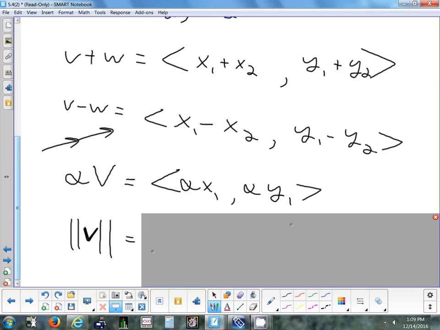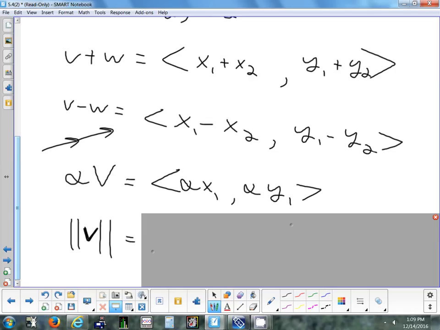What do we say? Absolute value? It's not absolute value. It has something in common with that. What does absolute value measure? It measures the distance. This is distance, right? This is the length of the vector.